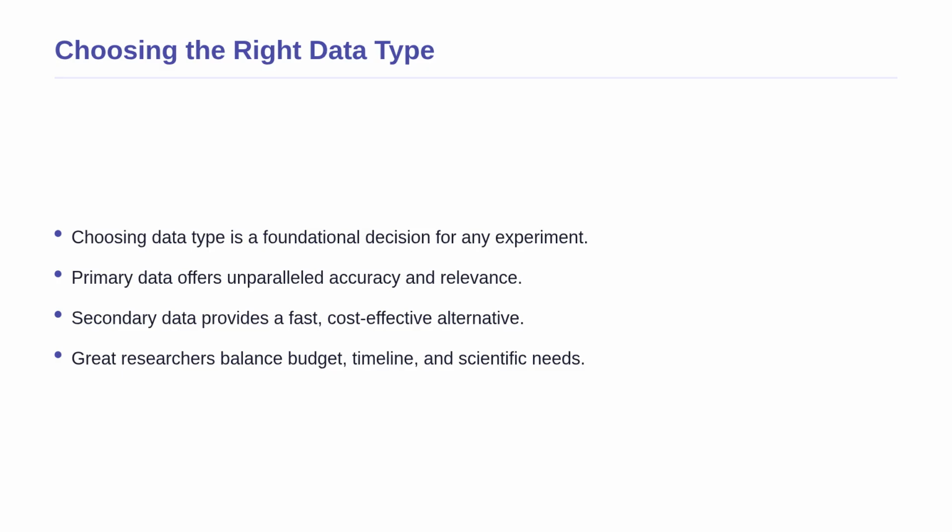Primary data offers unparalleled accuracy and relevance because you collect it yourself, but it demands heavy investments. Secondary data provides a fast, cost-effective alternative, though it may lack the specific details your unique study requires. Ultimately, a great researcher knows how to balance their budget, their timeline, and their scientific needs to choose the right type of data for their specific project.